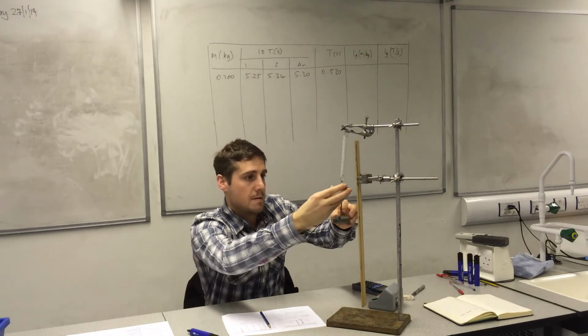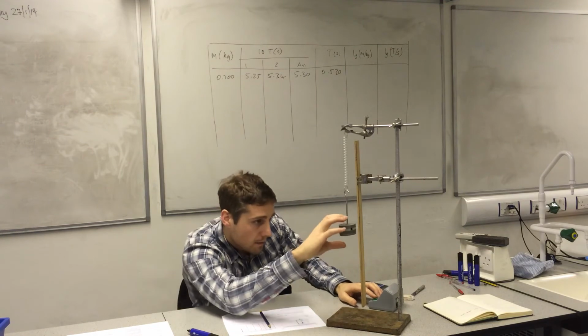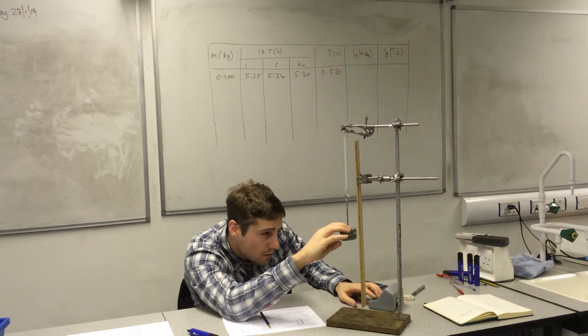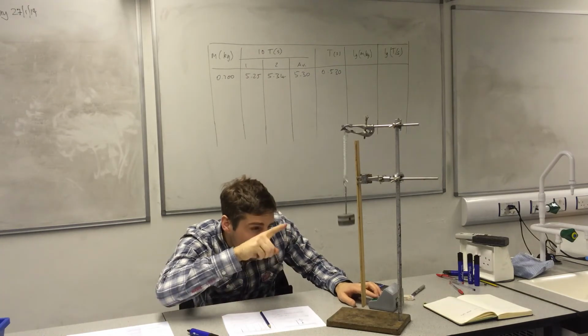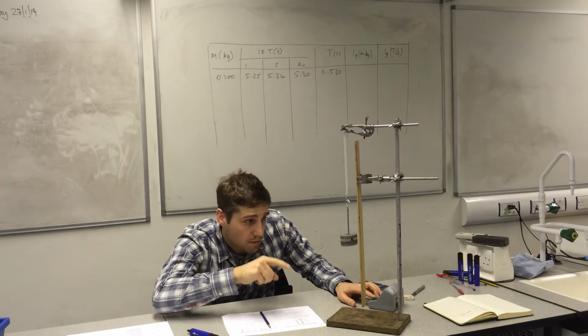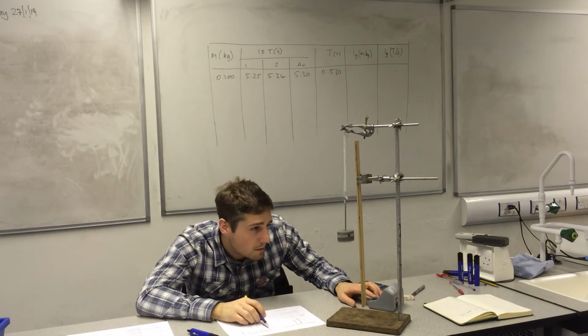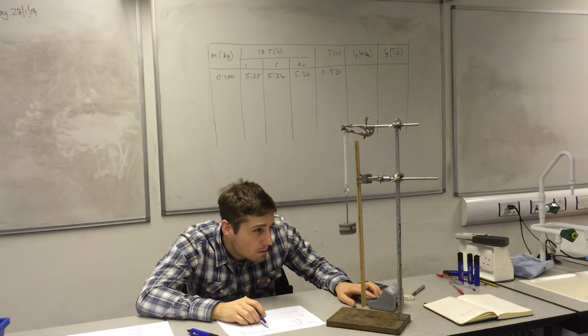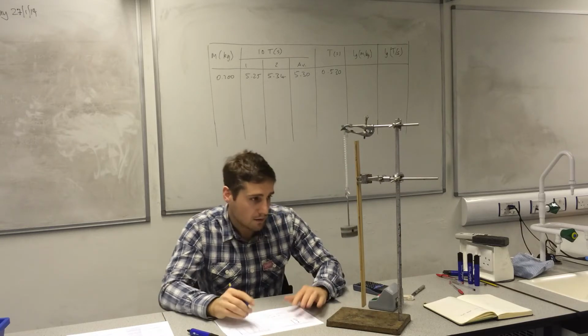Take some more measurements. 400 grams. So displacing it 4 centimeters. Release. And I'm waiting for it to come down to the bottom part of its oscillation before I start the timer, and then I count for the number of oscillations from then. Okay, so we've got 7.53 seconds.